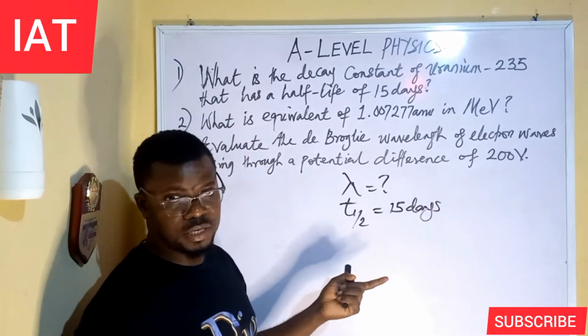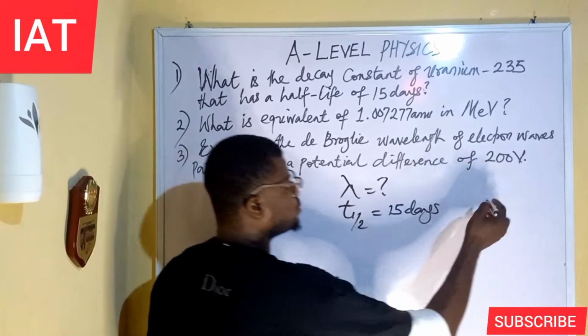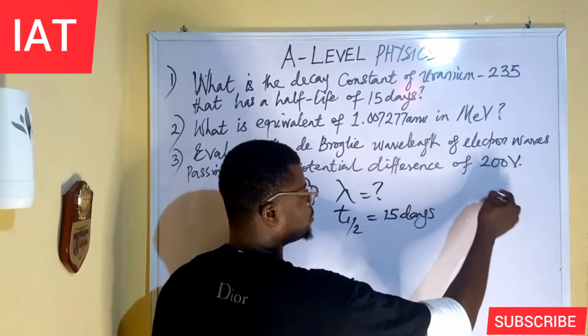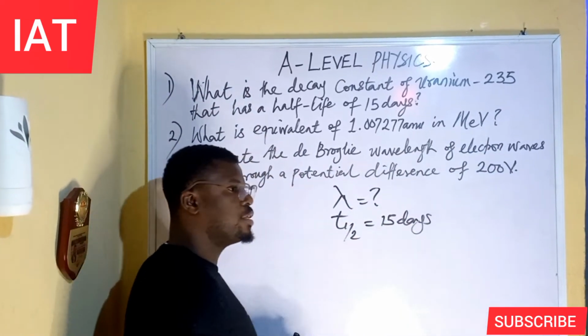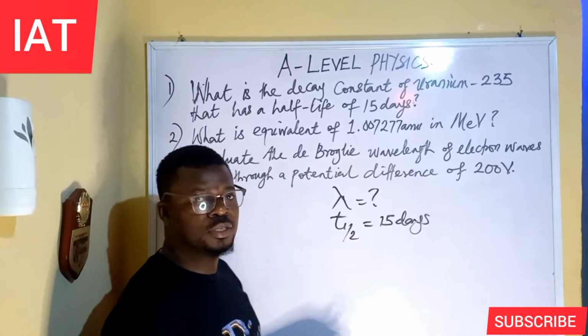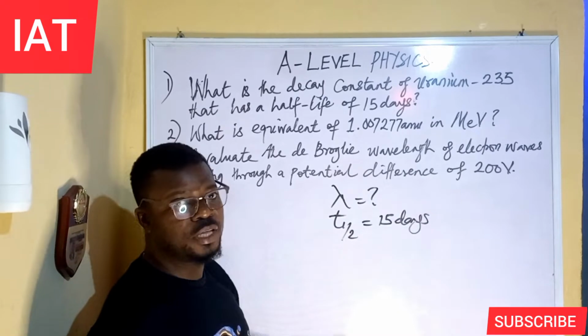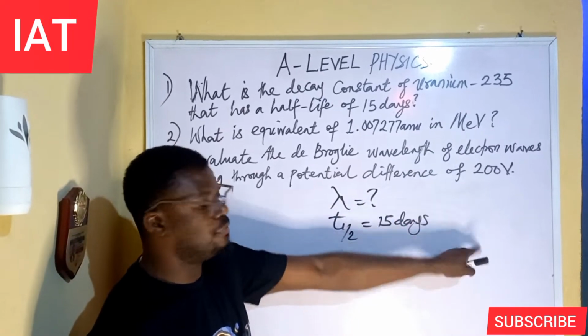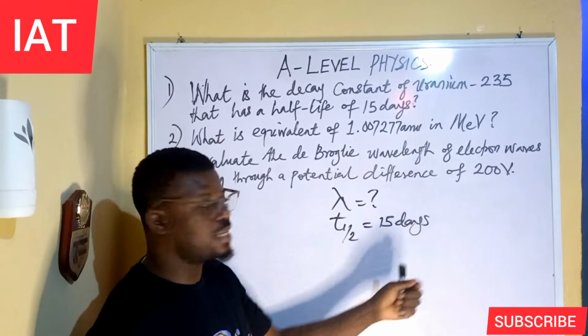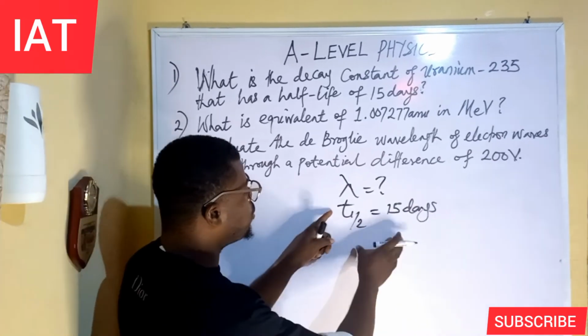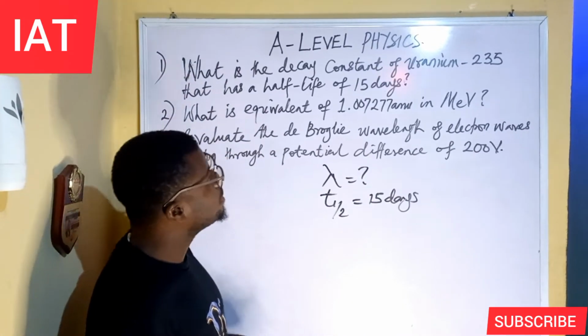It could be in years. If it is in years, you already know that 1 year gives you about 365 days, so to convert from days to years, it should be 15 divided by 365. Those are simple parameters, but we're going to work with days.